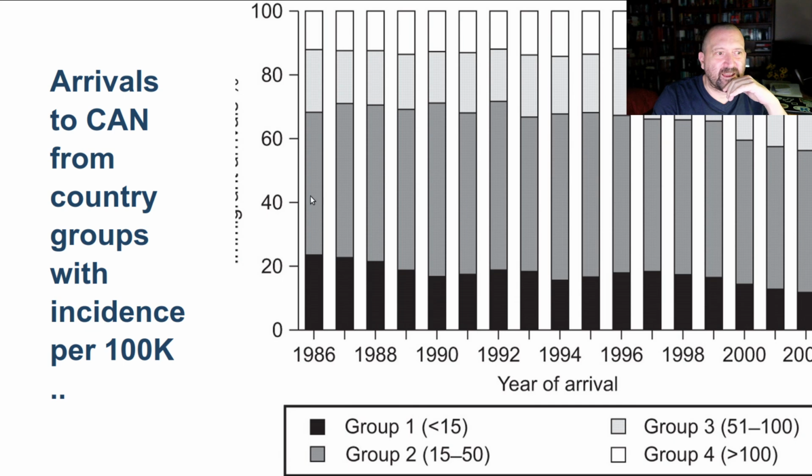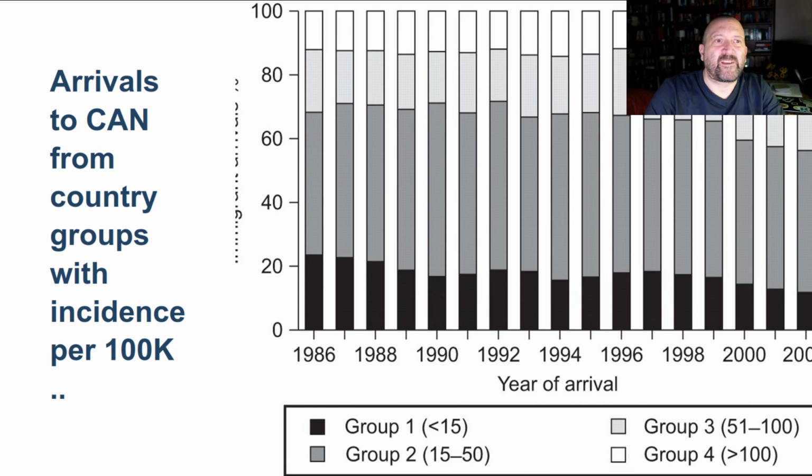This is arrivals in Canada from different groups of countries. So this is the percentage, it's not showing on the side here, but this is the percentage of arrivals, new immigrants, that are arriving from these 4 groups of countries. So group 1 are countries where the incidence of tuberculosis, so this is tuberculosis, on average is less than 15 new cases per 100,000 people per year.